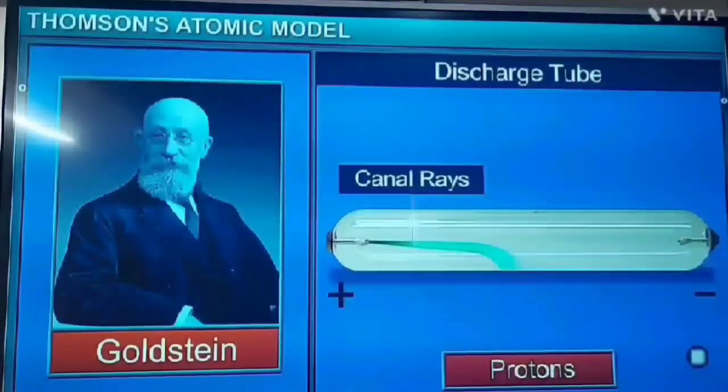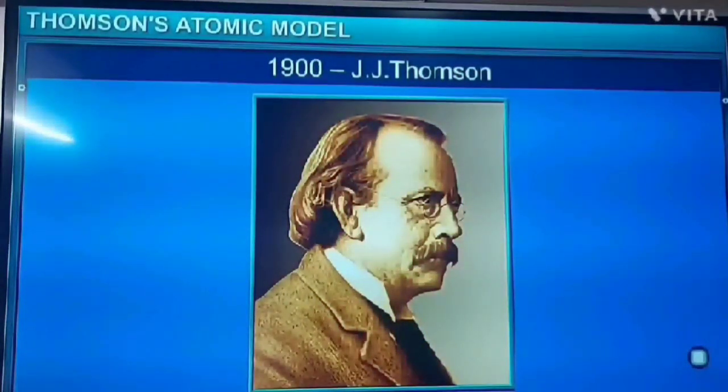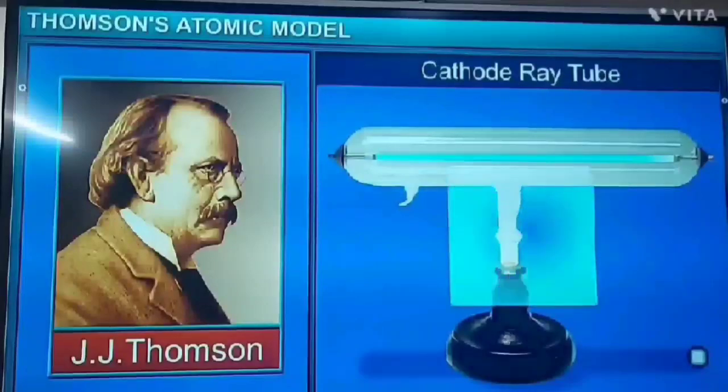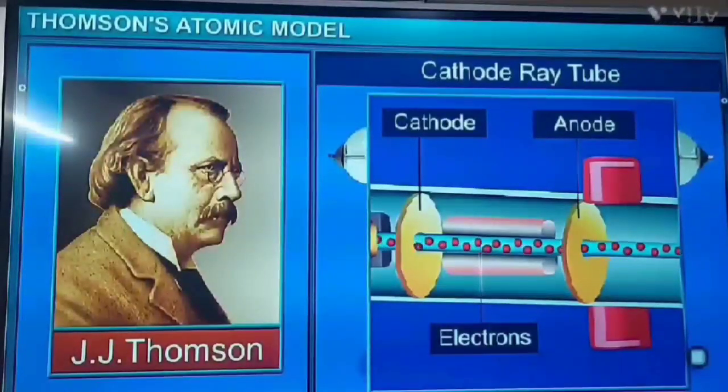The mass of a proton was about 2,000 times that of an electron, and it carried a positive charge. Around the year 1900, J.J. Thomson conducted experiments on the beams of particles inside a glass tube called a cathode ray tube. He found that the particles were attracted to the positive terminal of the tube. Thomson concluded that the particles must be negatively charged and called these particles electrons.